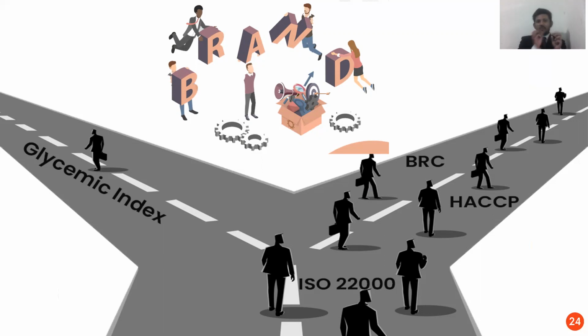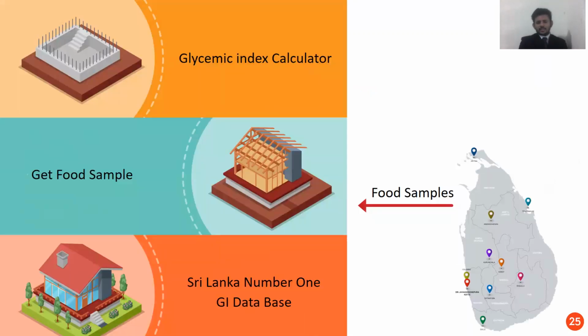But if you follow the glycemic index, you can create a unique brand in this competitive market. Not only that, having a GI calculator will help gather food samples across Sri Lanka. As a result, we will be able to create and maintain an efficient and effective glycemic index database in future.